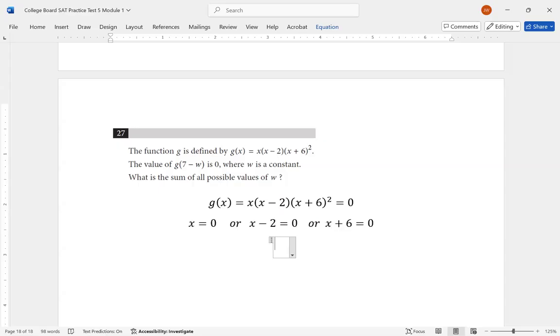And those 3 options are either when x is 0, or when x is equal to a positive 2, or when x is equal to a negative 6. And we're saying 7 minus w, when I plug that in, we get out a 0 where w is a constant. What is the sum of all possible values of w?